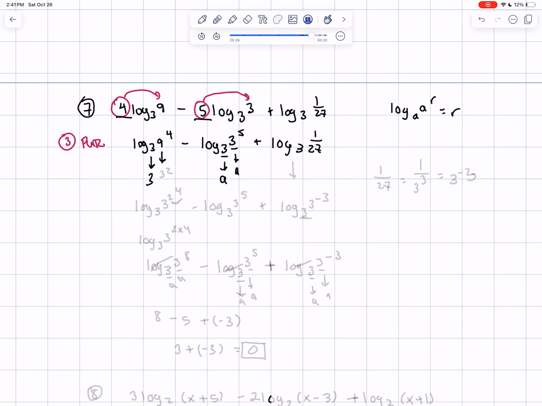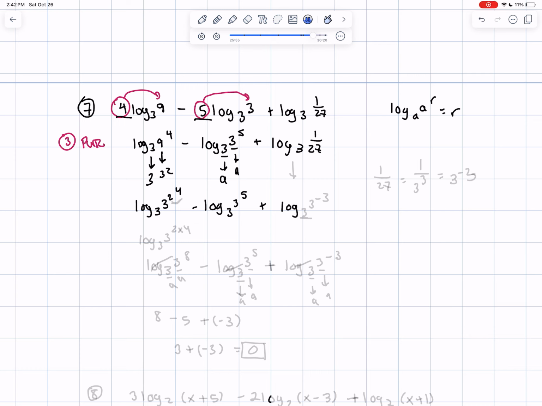Not raised to the third, it's to the second. So 9 is 3 raised to the second. So we're going to write this as log 3, of 3 raised to the second to the fourth. I know that one looks wonky right now, but we'll simplify it.